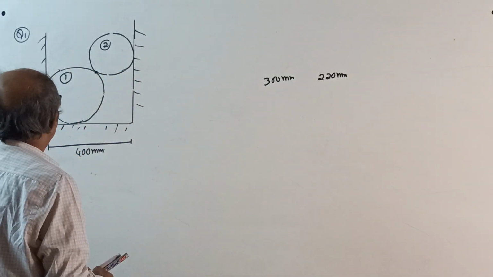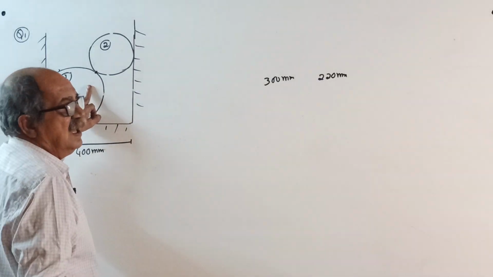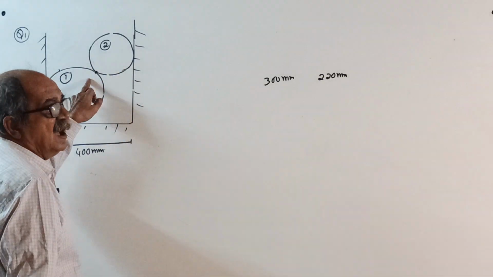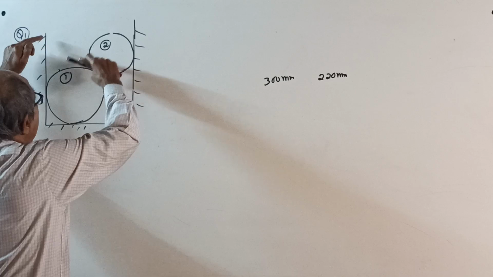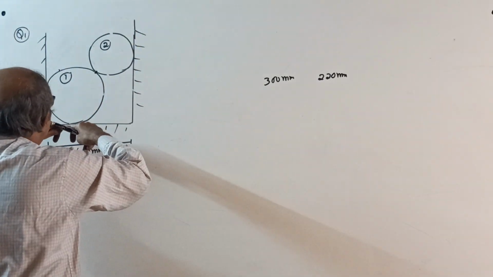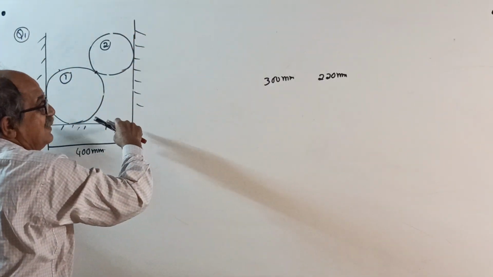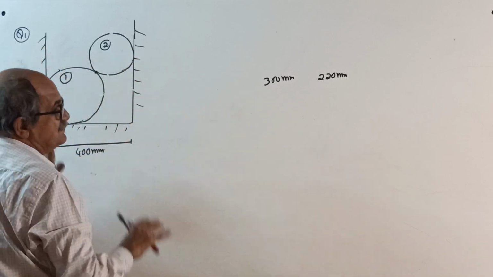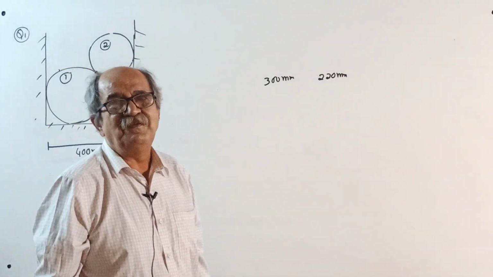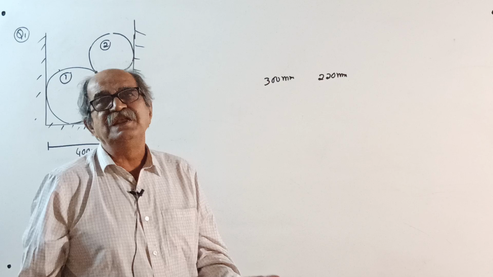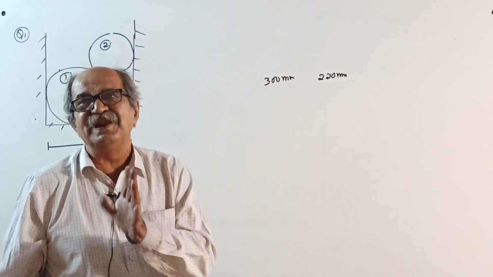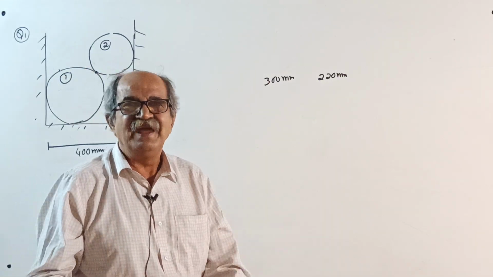Two cylinders are placed one above the other inside 3 surfaces, or usually they will say for the arrangement given in the figure.